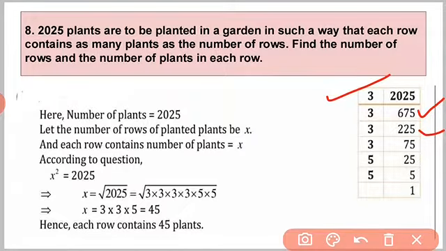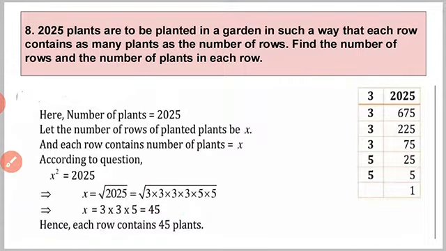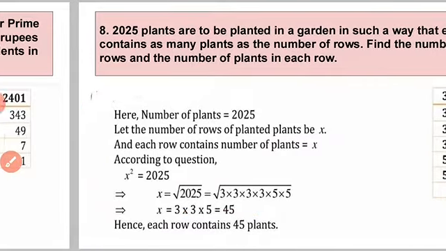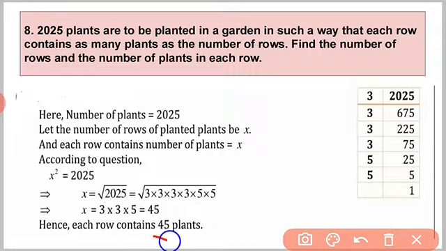Similarly, 75, then 5 fives are 25 and 5 ones are 5. So let's make pairs. There are a total of 3 pairs. So what is the square root of 2025? It will be 45. So how many rows are there? 45 rows, and each row contains 45 plants.